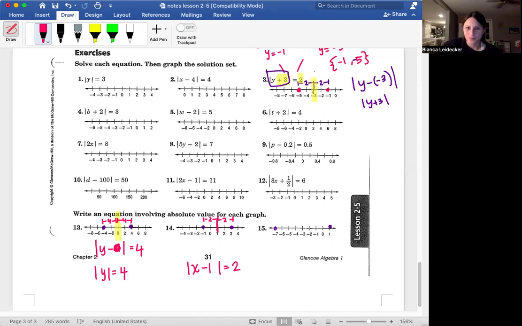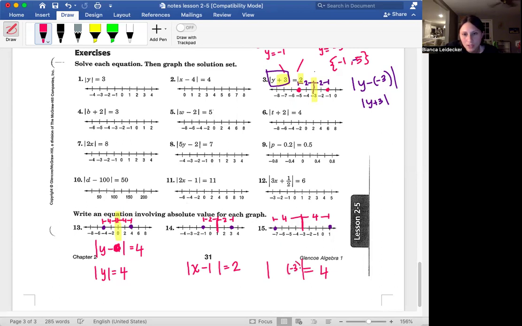Let's look at 15. So I think -3 is the midpoint. And these are counting up by 1, and that's 4 away. So whatever is in my absolute value is going to equal 4. And then I'm going to bring my midpoint down.